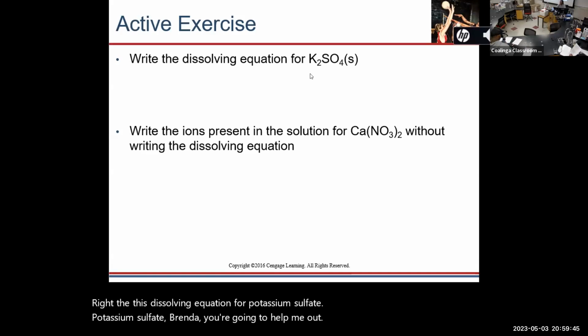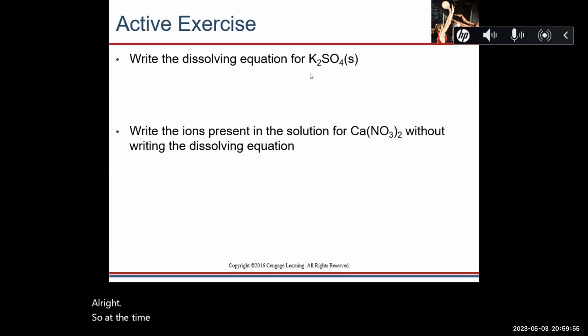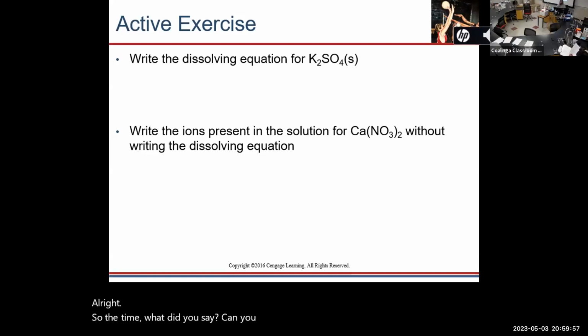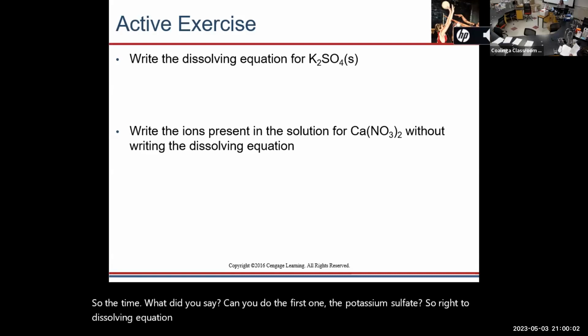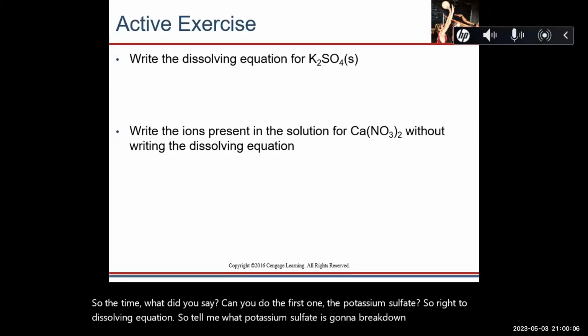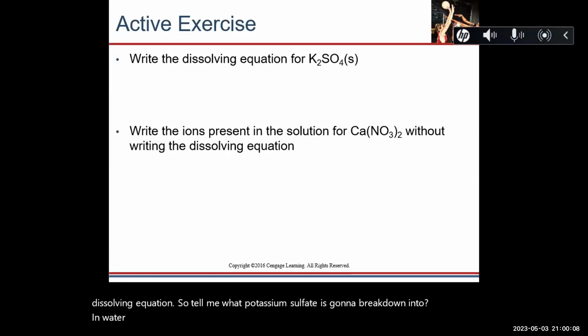And then Alexis, can you do the second one? Can you do the first one, the potassium sulfate? So write the dissolving equation. Tell me what potassium sulfate is going to break down into in water.